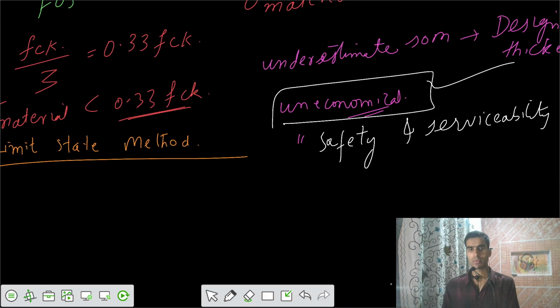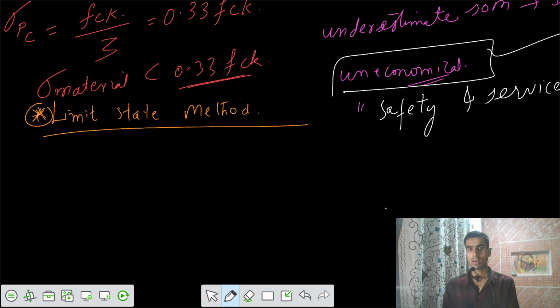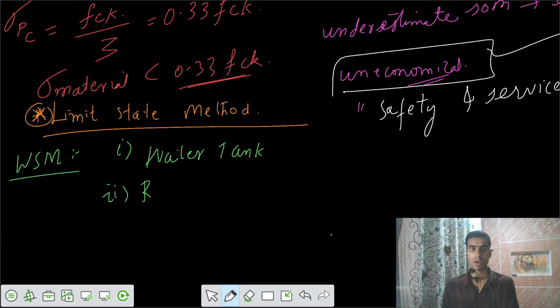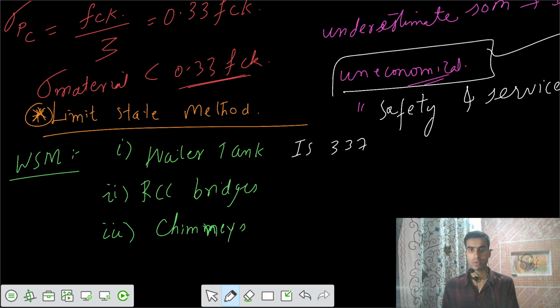We say that we don't use this method these days, but in some cases we are still going to use WSM. It is still used for the design of, first, water tanks, next, RCC bridges, and third, chimneys. The codes used for these three are IS 3370, IRC 112, and IS 4998.